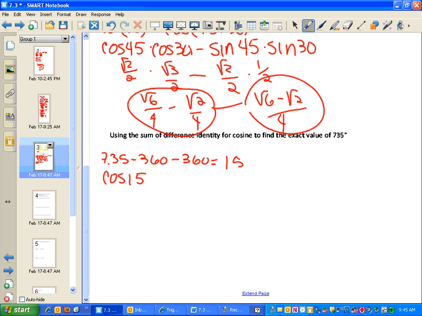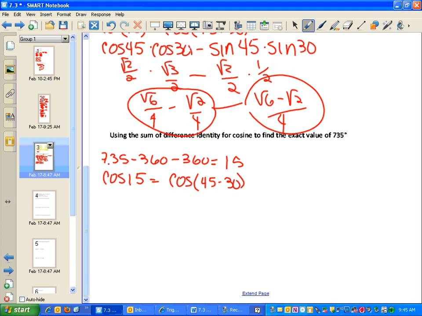All right? Well, the cosine of 15, using my 30, 60, and 90, and 45, how would I get 15? That's the cosine of 45 minus 30. Yeah, you have to, because those are the only ones that you have the exact values for.